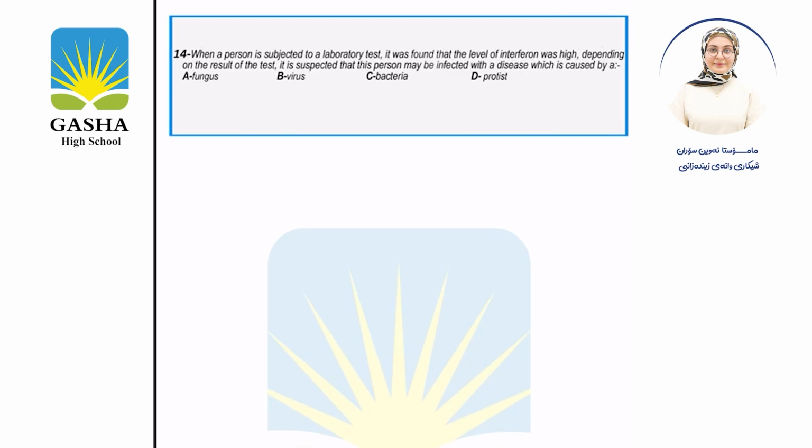If you remember in page 49 in your book, in the topic of protein, it wrote that when the interferon increases, the cause of increasing the interferon is actually virus. So the true answer for this question is virus.